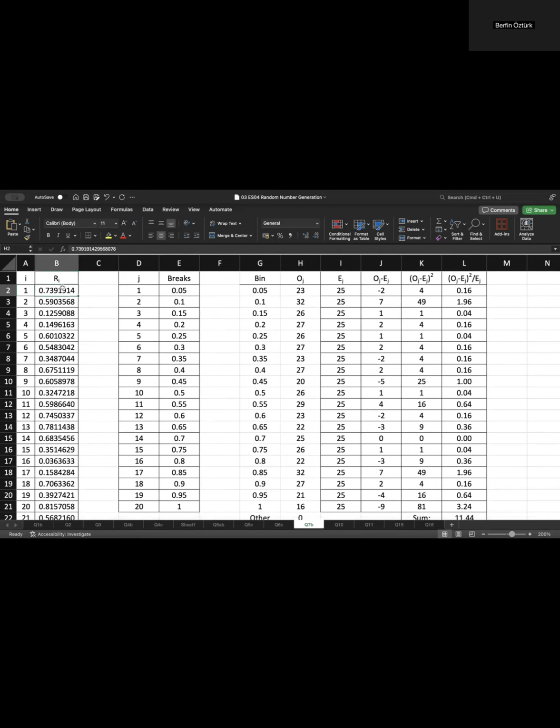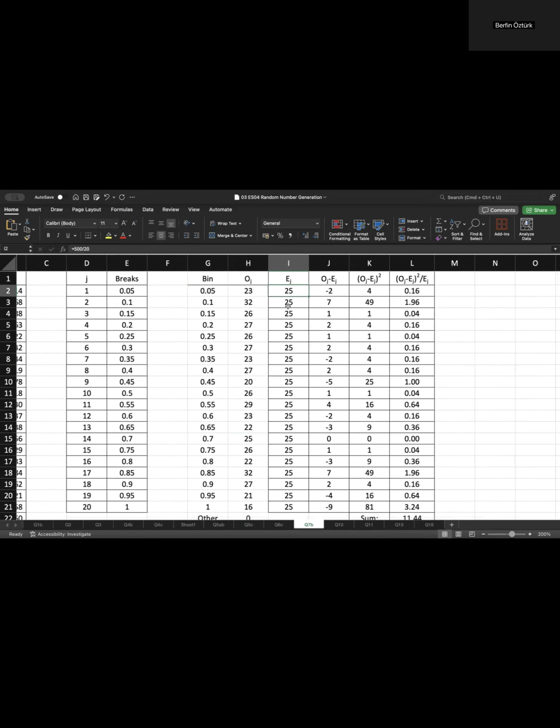So these are my numbers. Apparently, we have 23 observations of these values between 0 and 0.05. So you can find this number with the sumif method or frequency method. Okay, this is my observation column.